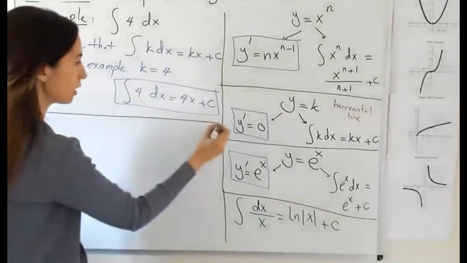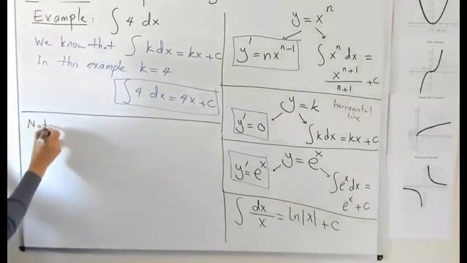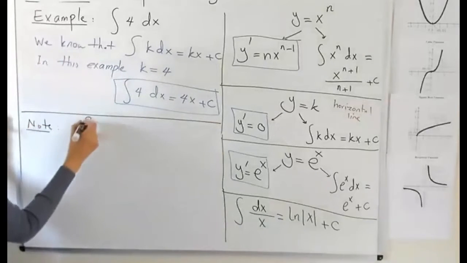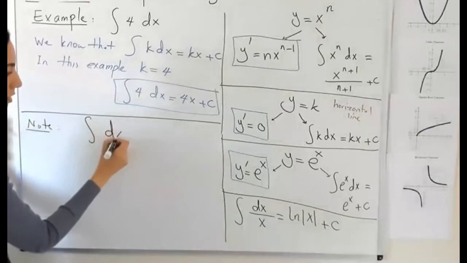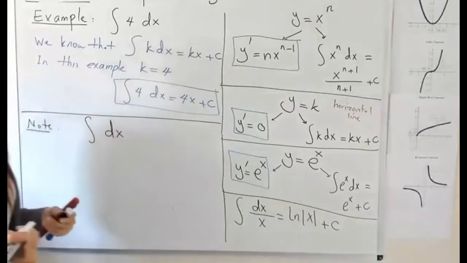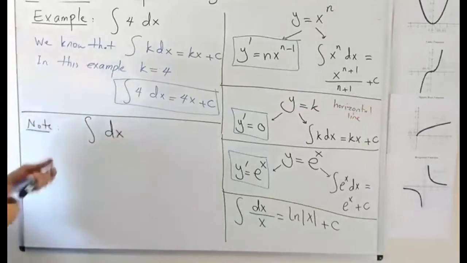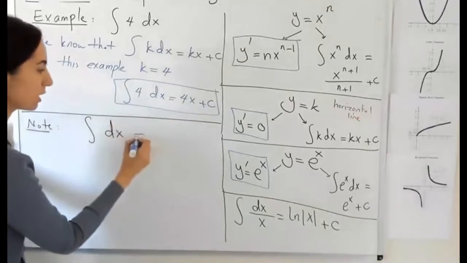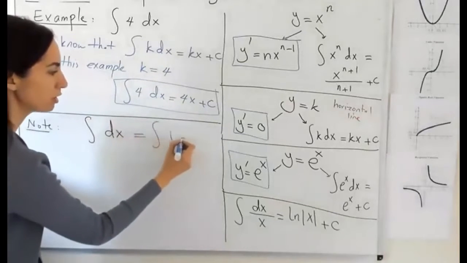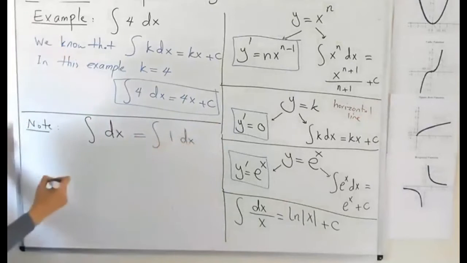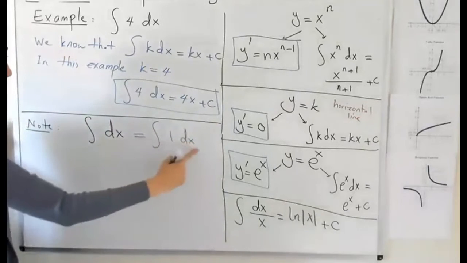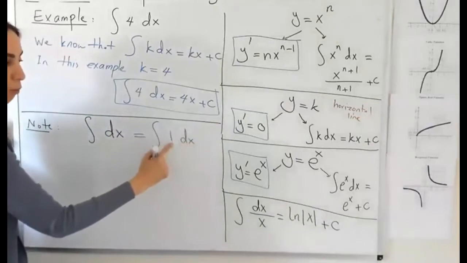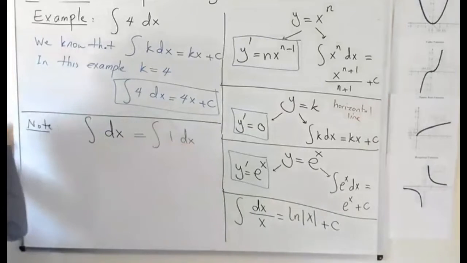So let me give you a note. Note that if you see integral of just dx, what is the k? So this can be written as the integral of 1 times dx. So dx, the meaning of dx, it means that you have 1 as the constant times dx.